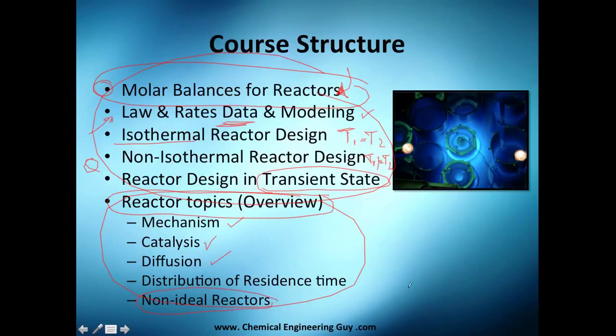Or what happens when your reactor, which you suppose is always mixing perfectly, is actually not mixed? You have a gradient or something like that. We're going to use this chapter for those non-ideal reactors.